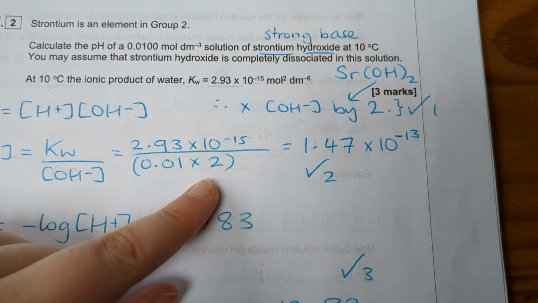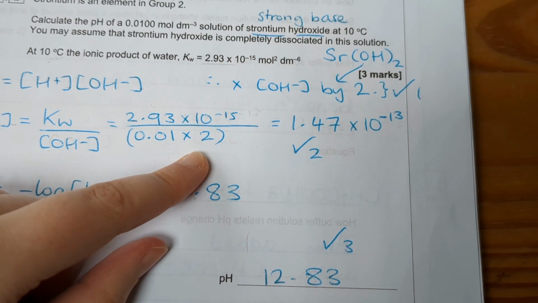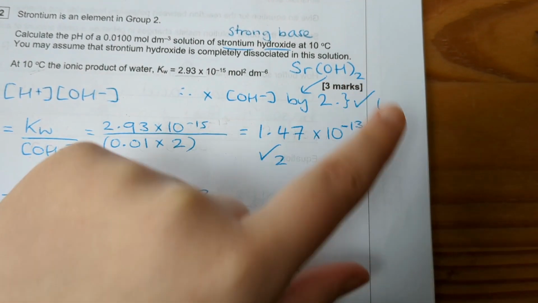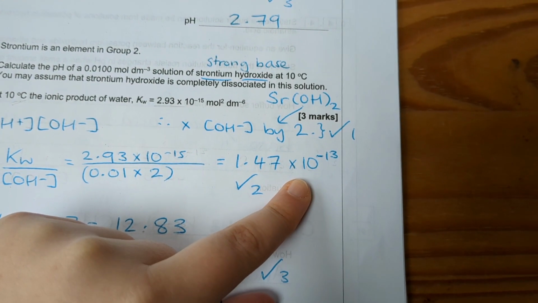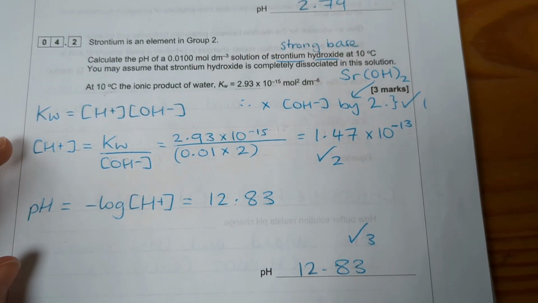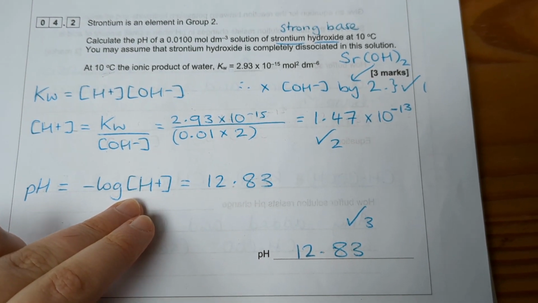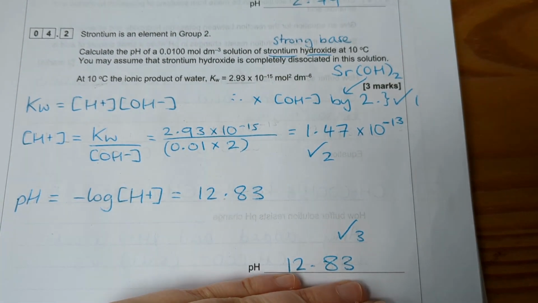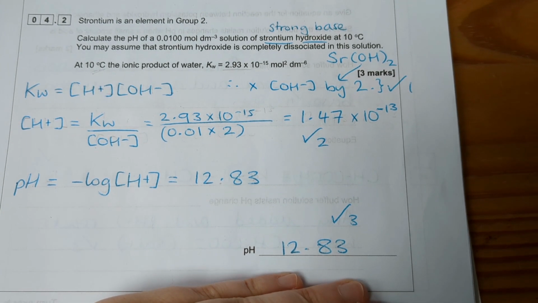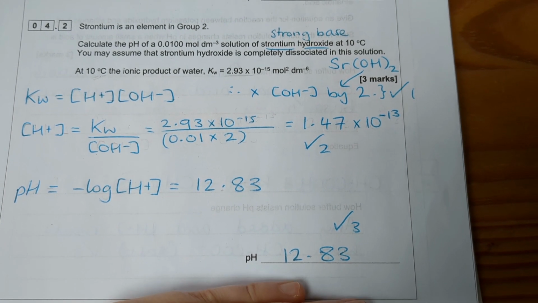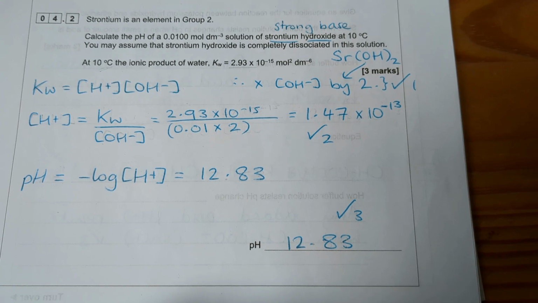So after we've done Kw over the hydroxide ion concentration multiplied by 2, we get this value, and that's our second mark. That gives us our hydrogen ion concentration, and then we minus log this to get pH. And we know this must be a sensible value because it is a strong base, so it must have a pH between 12 and 14.